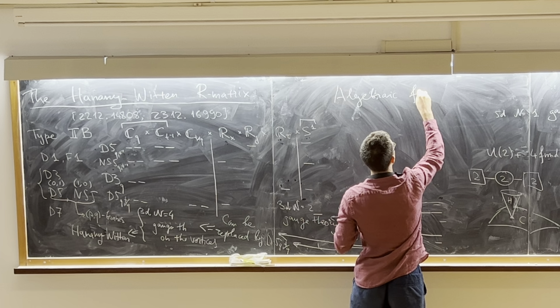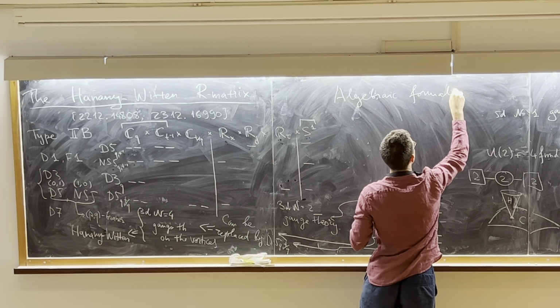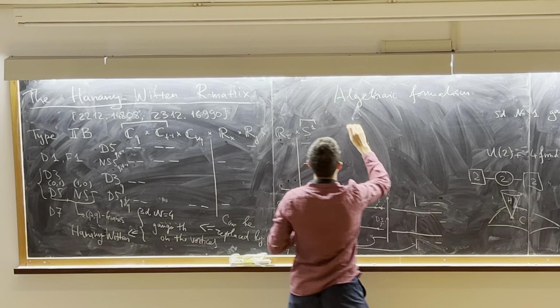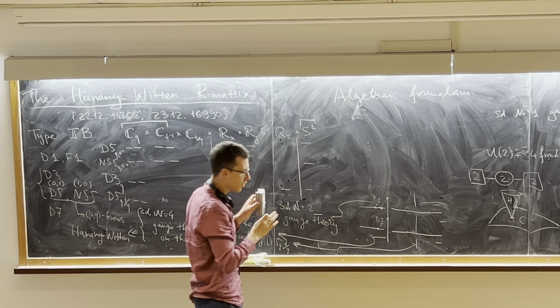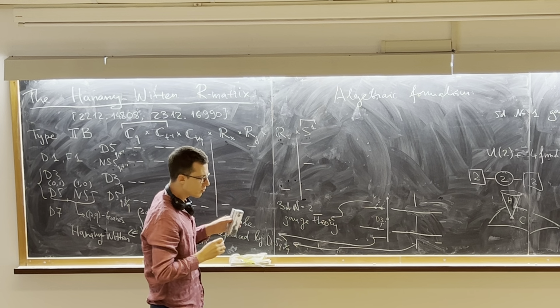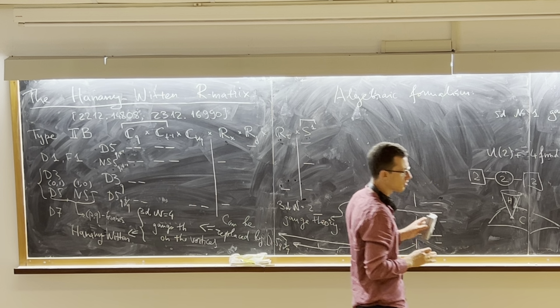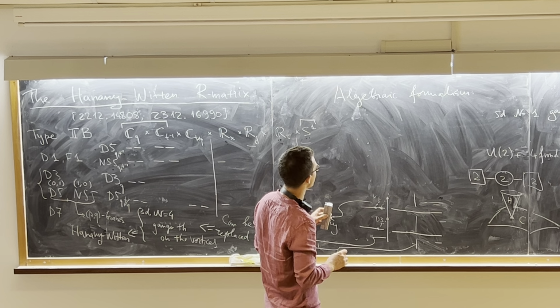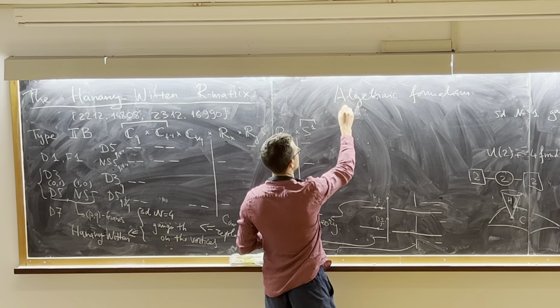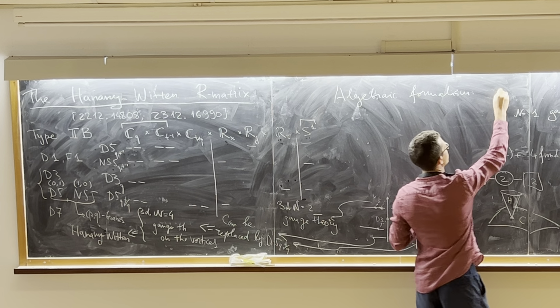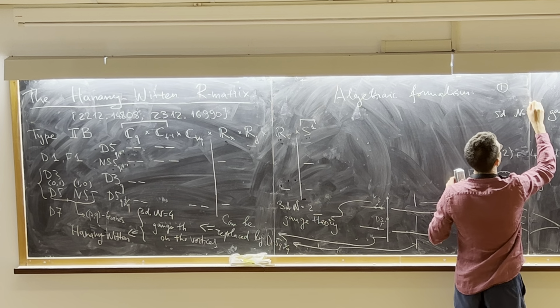Algebraic formalism. And I will not go into too much detail because it's very technical, but everything can be made very precise here. So the first and the most important ingredient here is the algebra itself.